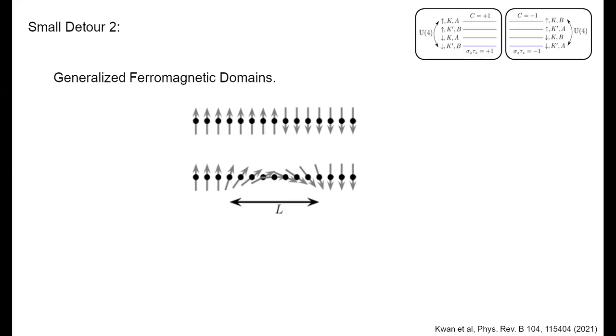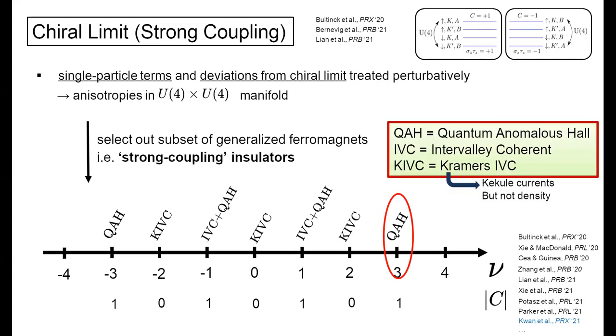They can lower their energy by twisting over slowly in some cases, and they can twist this way or that way: the difference between a Néel wall and a Bloch wall. In this case, where you have some very generalized ferromagnets, you can get some very complicated domain wall structures, and there's a lot of interesting things to look at there as well. But I won't go into that in much more detail.